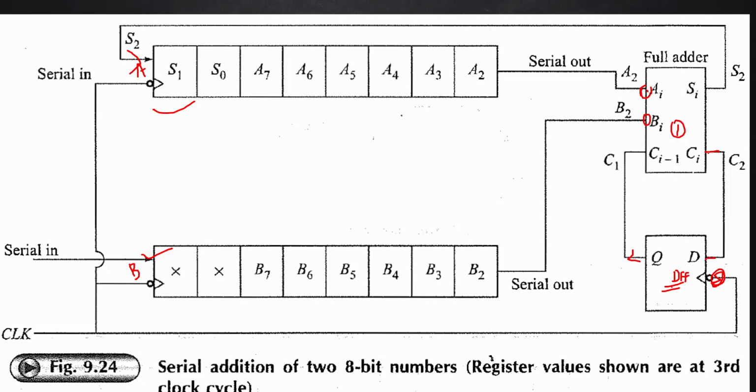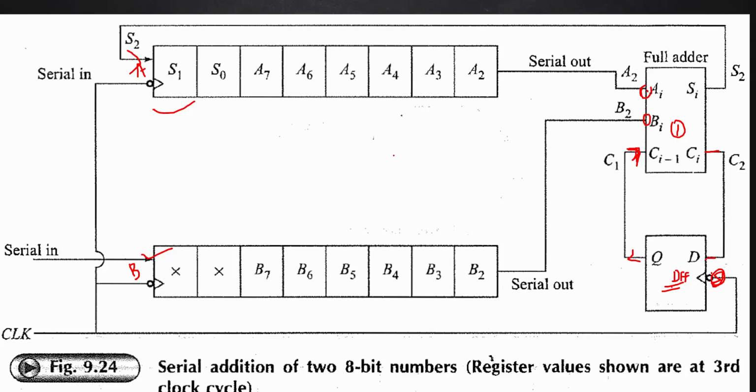That means the previous carry output value comes here only after the next clock pulse. That is the required carry value for this full adder. Once more, the previous carry output value comes over here as the carry input of your full adder after one clock pulse.